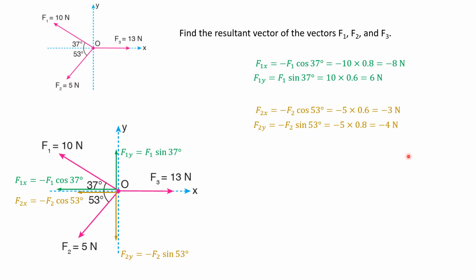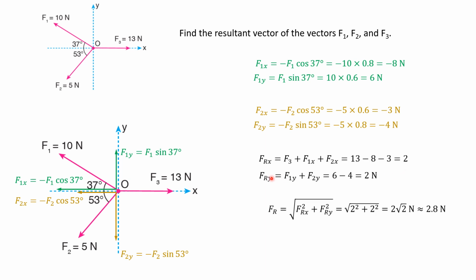The next step is to find the x and y components of the resultant vector. We just have to add all the x components. So we have f3 plus f1x plus f2x, or in other words, 13 minus 8 newtons and minus 3 newtons, which works out to be 2 newtons.